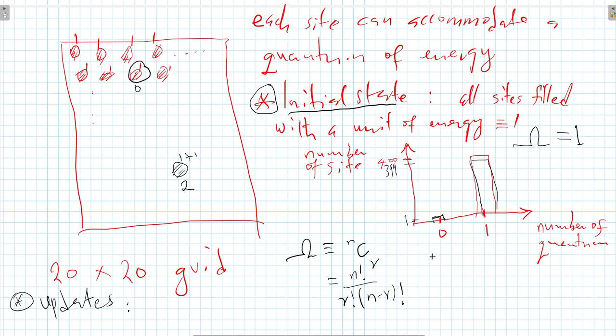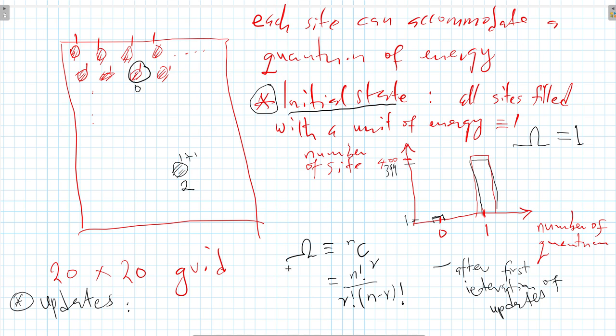So the black means the state after the first iteration of the update. You can see that the updated state is a new state.